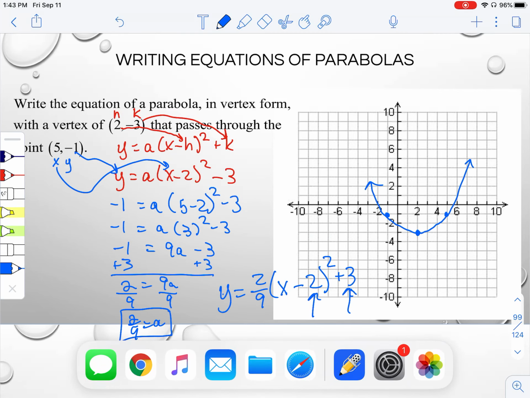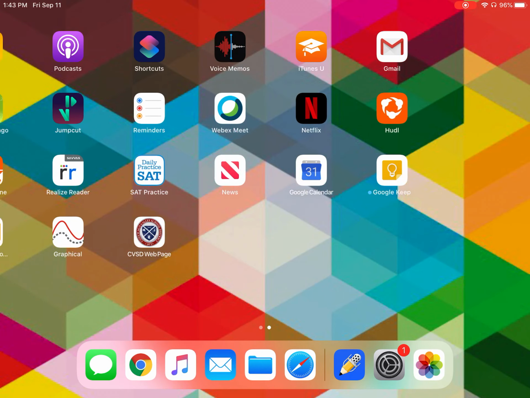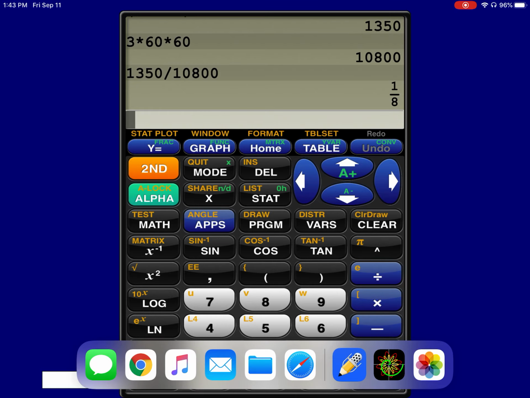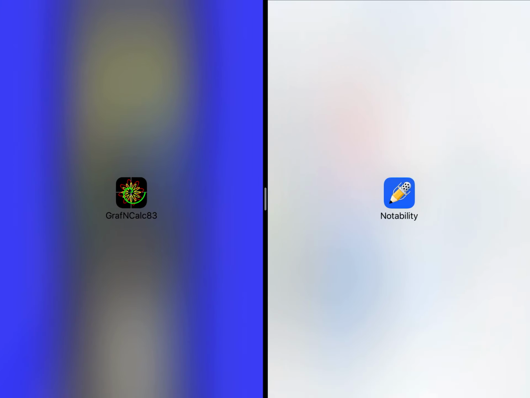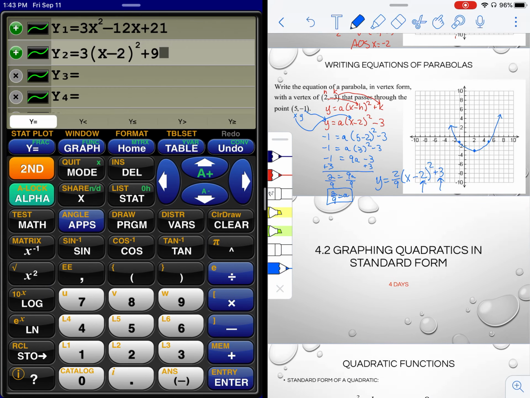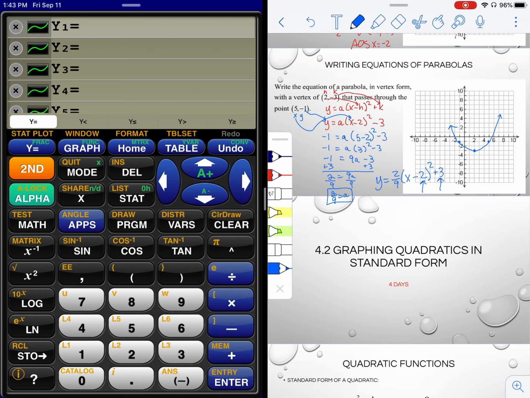If we pull up our calculator quick, let me do that. I just want to show you guys that you can clearly see if you type in your equation here in y equals, that you can see the symmetry in your table where 2, -3, got a mistake over there, should be -3. 2, -3 is your vertex, and it does contain the point 5, -1.